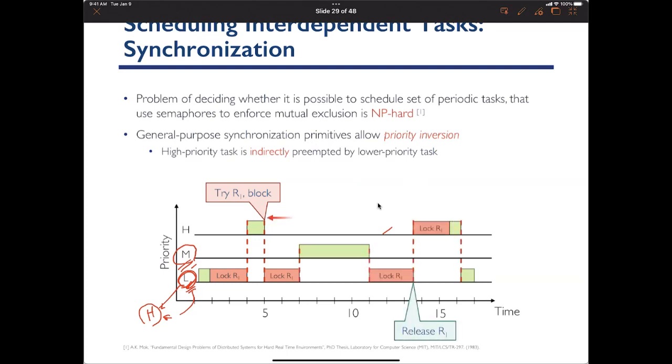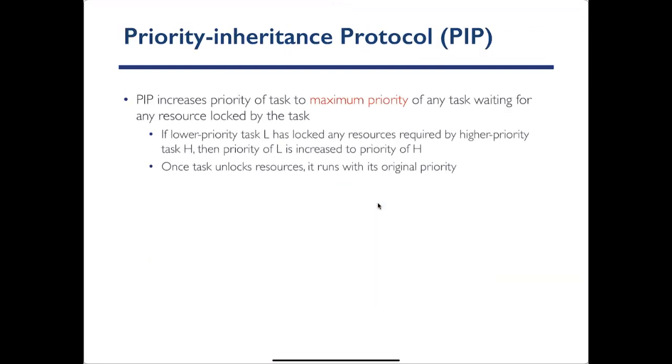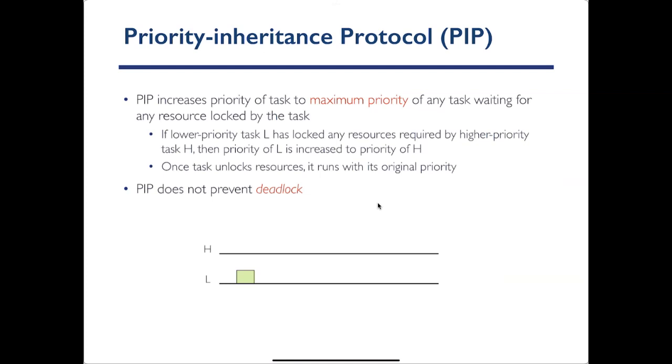Now, the problem with that is it could cause deadlock. Here is an example. I have a low priority task. Let's say it locks resource 1, then the high priority task comes in and locks resource 2, then tries to lock resource 1. If this happens, the priority of the low priority task is going to change to high because it is blocking the high priority task, which is going to get blocked.